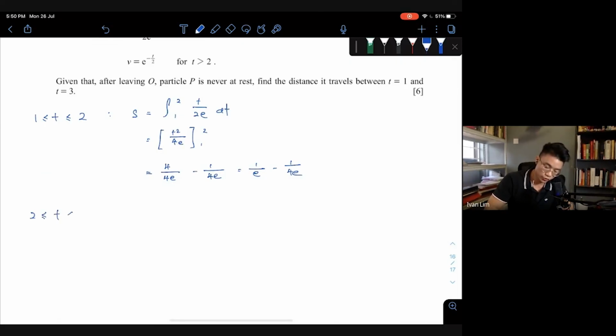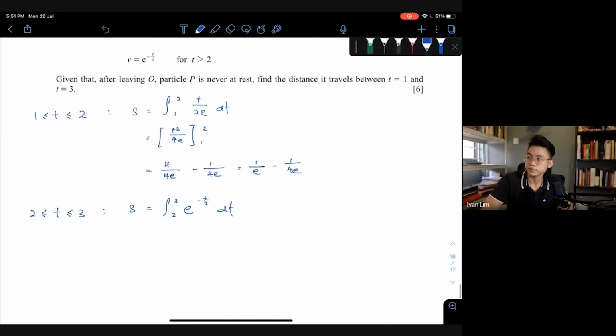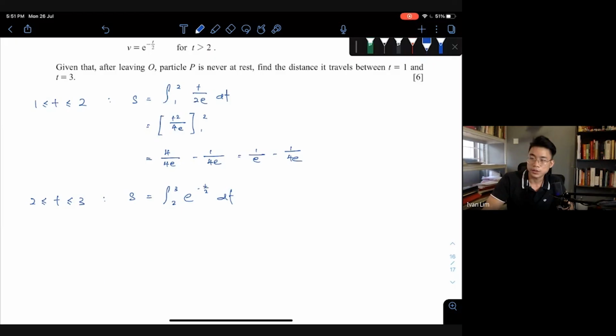Now for 2 to 3, the second motion. We integrate from 2 to 3 e to the power of negative t over 2 dt. You all remember how to integrate exponential?